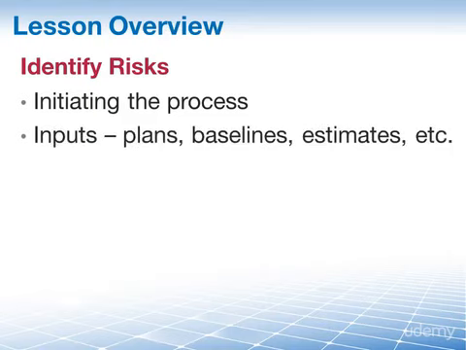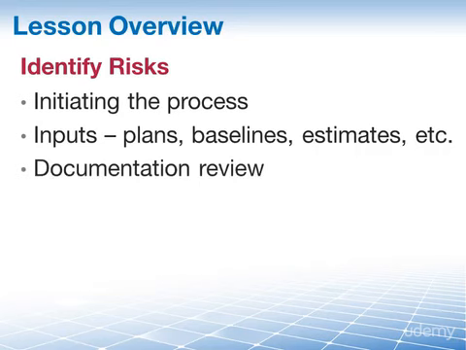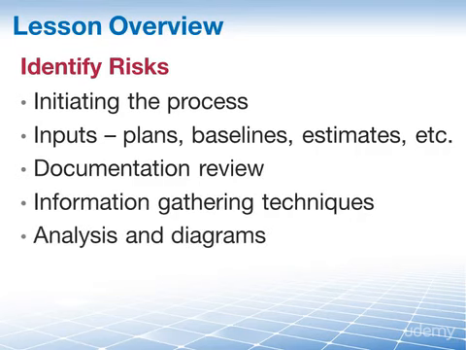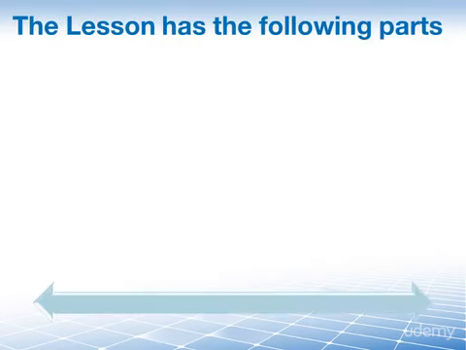We'll look at inputs that we will be using to identify risks in our projects, like plans, baselines, and estimates, and we'll look at our tools and techniques such as document reviews, information gathering techniques, several analyses and diagramming techniques, and the output of the Identify Risk process, which is the risk register. The lesson is divided up into two parts.